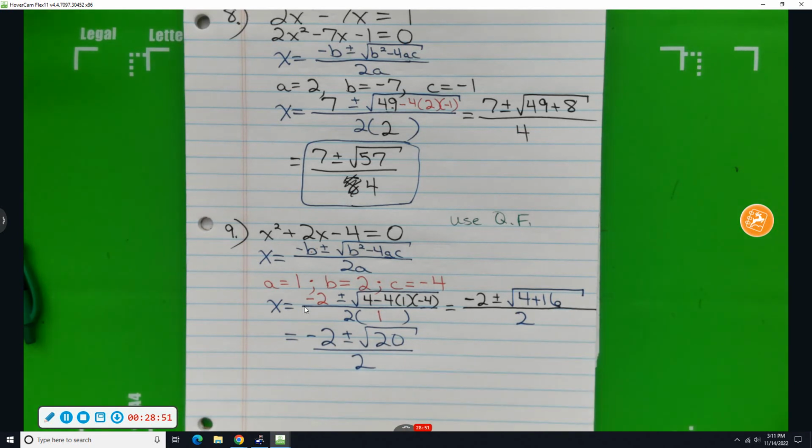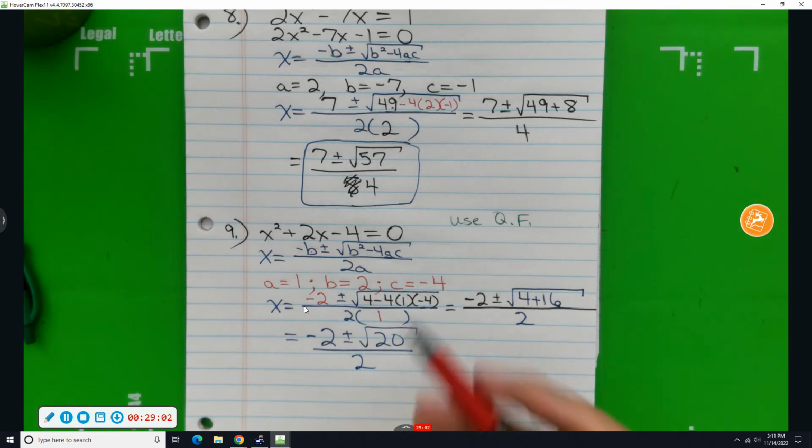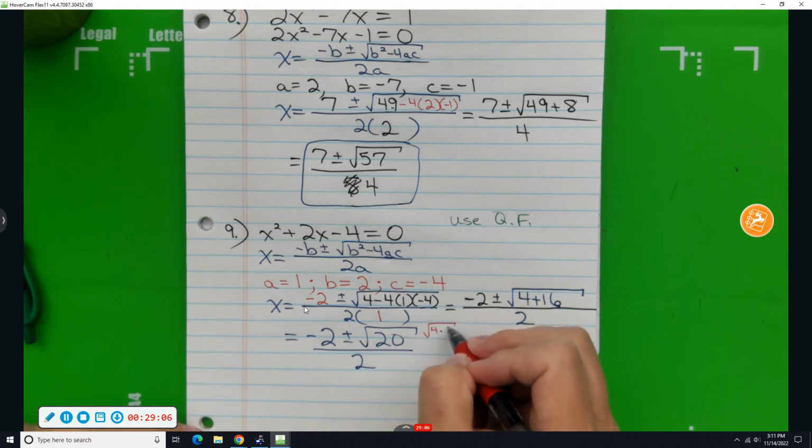Is 20 a perfect square? No. What's the largest perfect square that divides evenly into 20? You're thinking of the square root of 20 as 4 times 5.